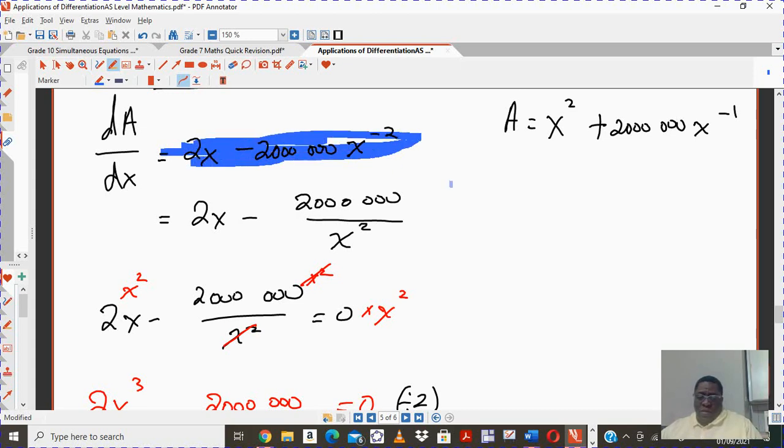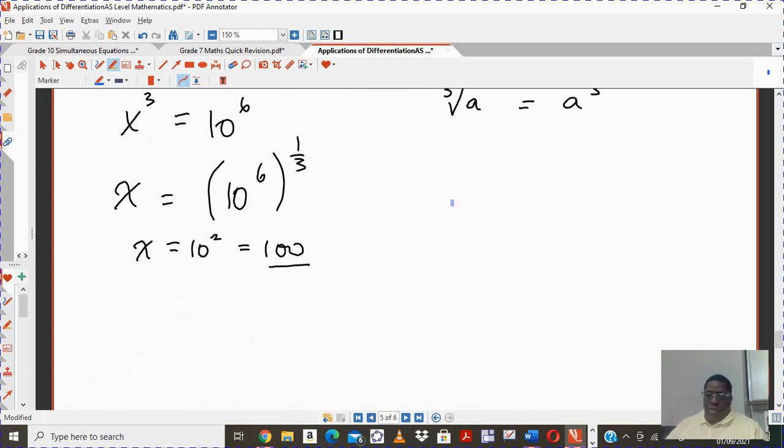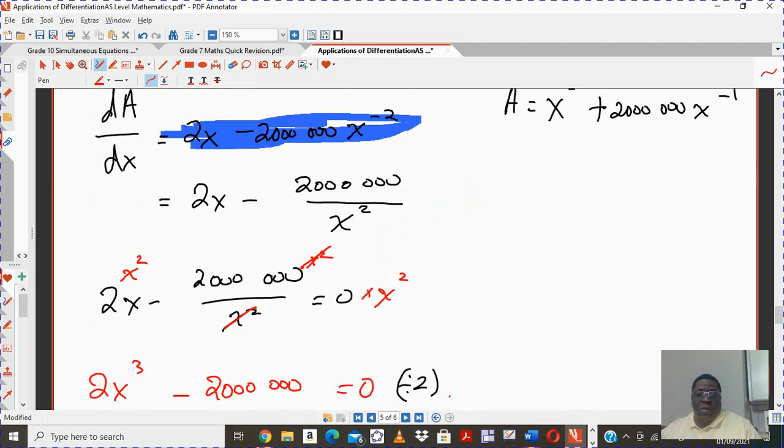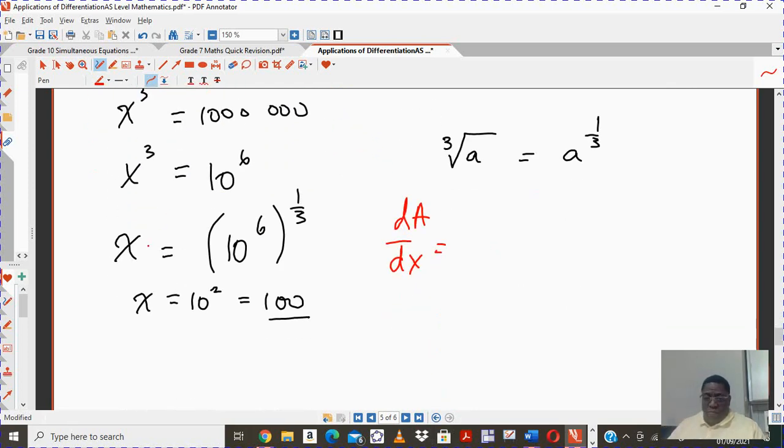Okay, so we know that dA/dx is 2x minus 2 million x to the power of negative 2. So it's 2x minus 2 million x raised to the power of negative 2.